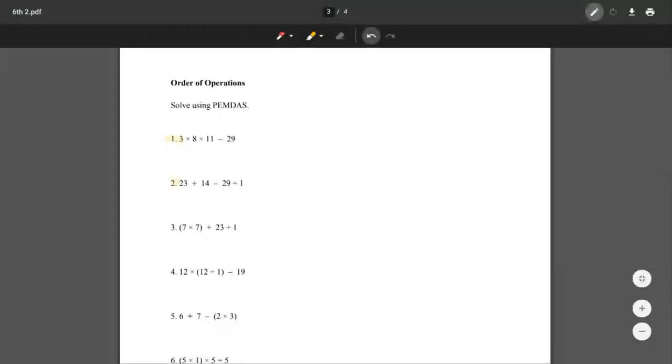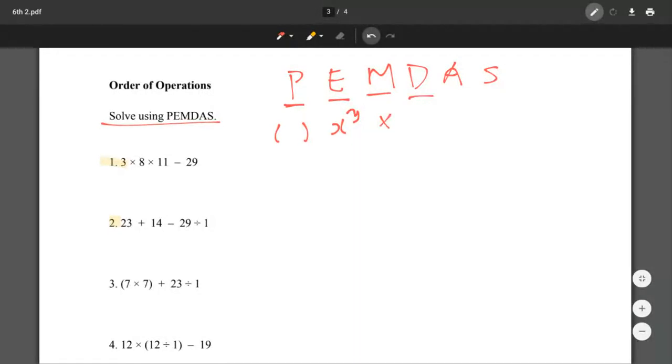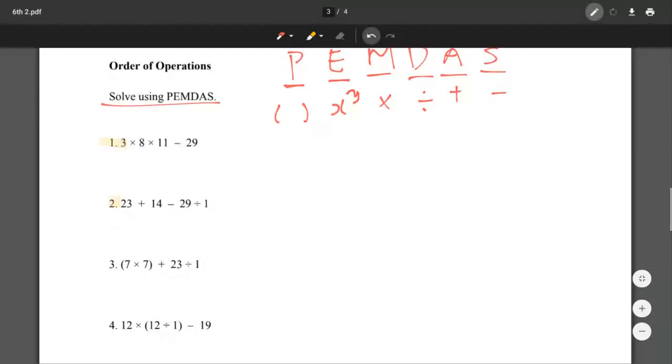Orders of operations. So it's asking us to solve using PEMDAS, and we know that PEMDAS stands for, well, P stands for parentheses, right? E stands for exponents, M stands for multiplication, D for division, A for addition, and lastly S for subtraction, right?